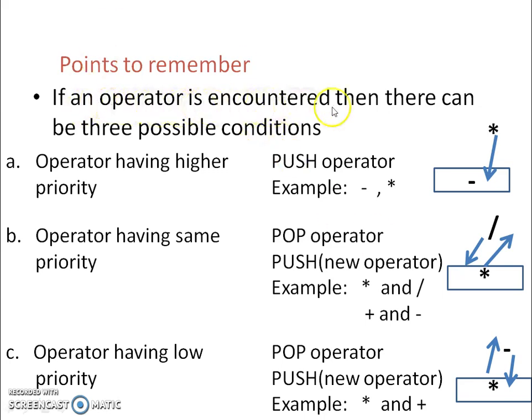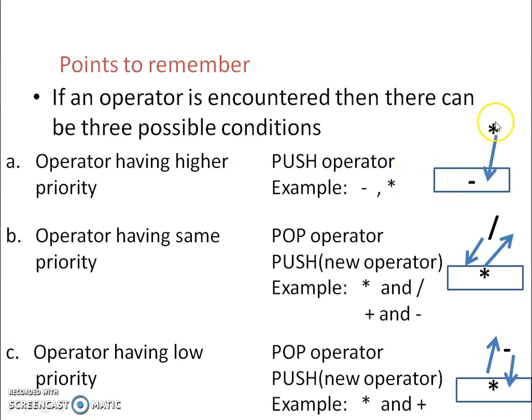Now if an operator is encountered, then there can be only three possible conditions. That means if you are scanning the expression from left to right and you encounter an operator, there are three possibilities. The first: the operator which you have encountered has a higher priority than the operator which is already inside the stack.